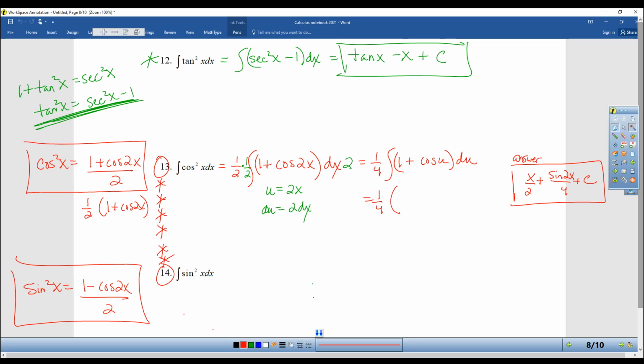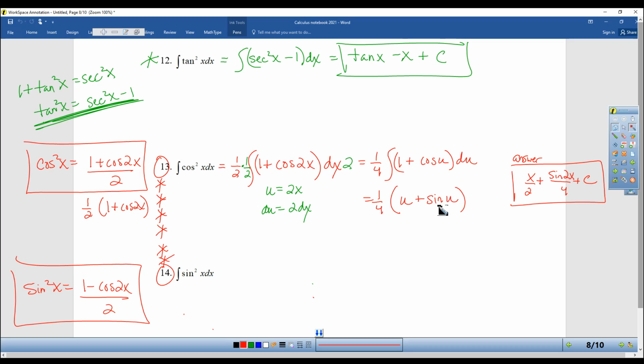Okay, this is where if you're watching this video, you probably went wrong. If you wrote x here, you made a very common mistake. The integral of 1 is x if you're doing things with respect to x, but I'm doing things with respect to u. So this becomes u, and this becomes sine of u.